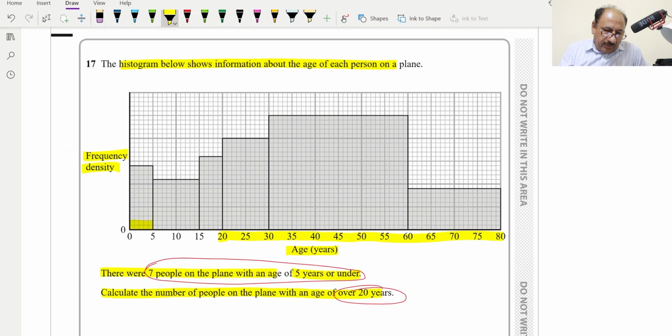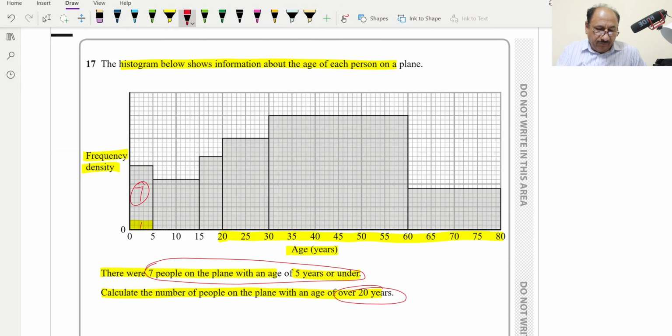So 1, then 2, 3, 4, 5, 6 and 7. So this is how we can analyze and check. So this much will be 1 and total is 7.